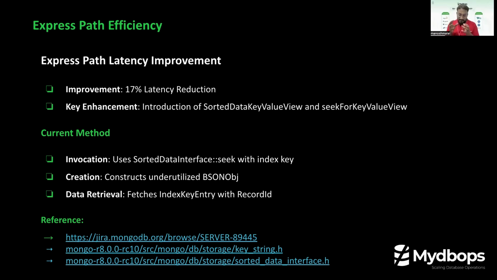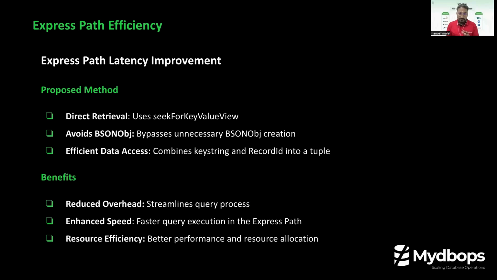So previously, how it worked is they converted this binary formatted data into BSON, and from there they did all the comparison. Now they created a new view, which can directly map the information from the actual index file, do all the homework, and get the record ID directly.